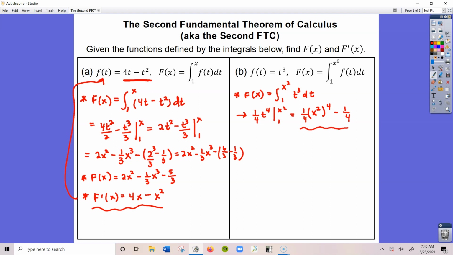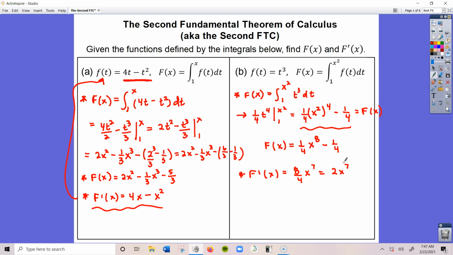So this is F(x), which we could actually simplify a little bit more, so we can simplify these exponents. That would be 1/4 x⁸ - 1/4. So now this is F(x). Now when we find the derivative, capital F'(x) is going to equal 8/4 x⁷, which can be simplified to give you 2x⁷.